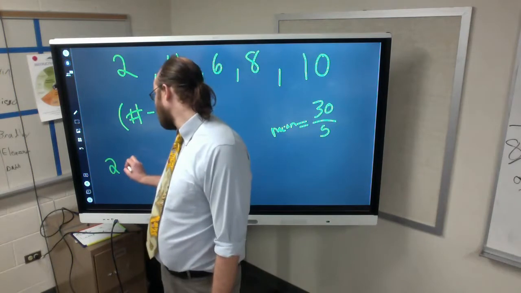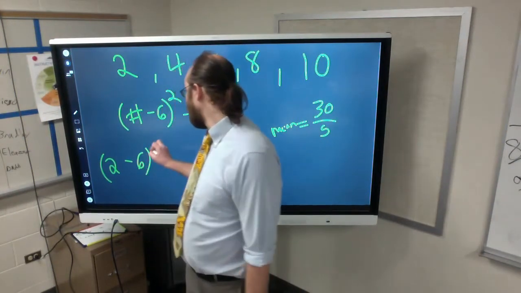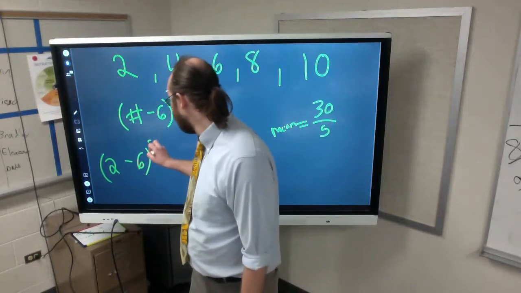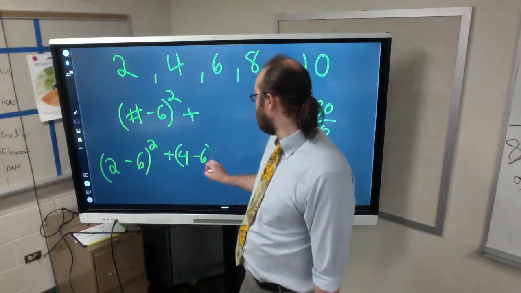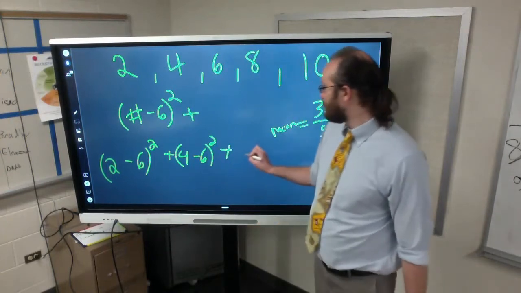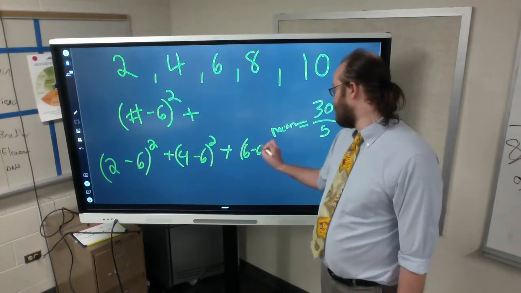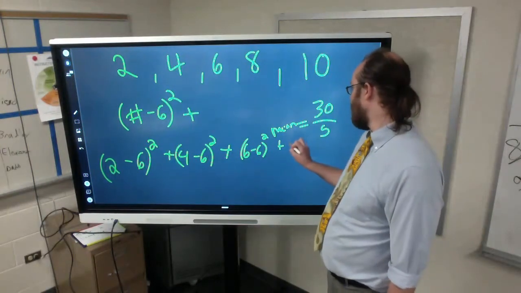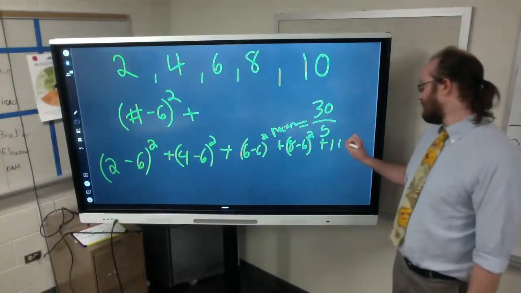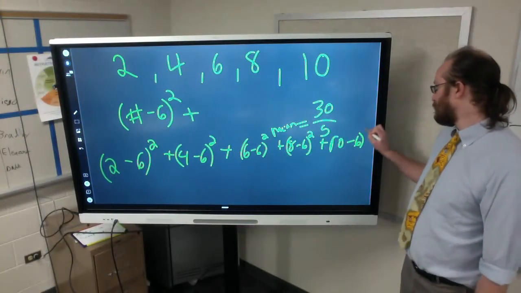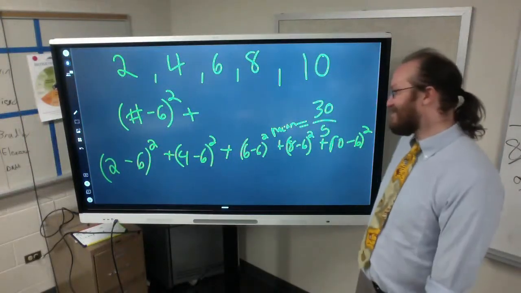So we got 2 minus 6 squared, plus 4 minus 6 squared, plus 6 minus 6 squared, which is 0, plus 8 minus 6 squared, plus 10 minus 6 squared. Fun times, right, that we have in math class.